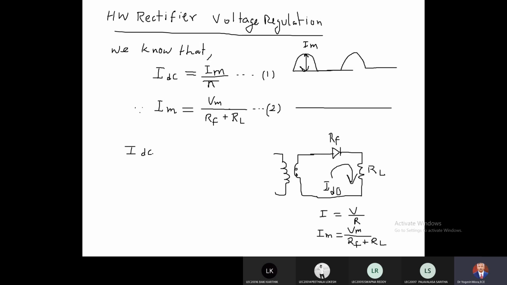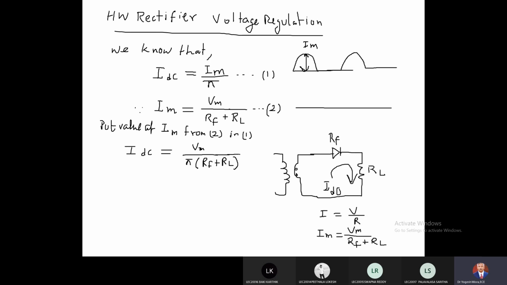Putting the value of Im from 2 in 1, IDC will be Vm by pi (Rf plus RL), right?